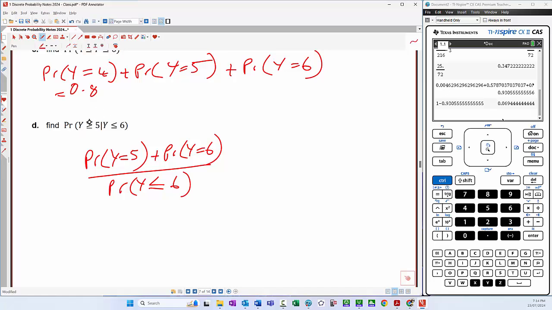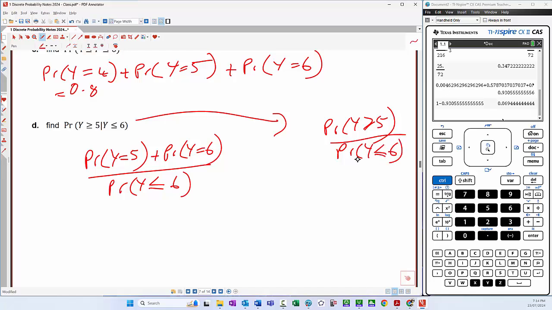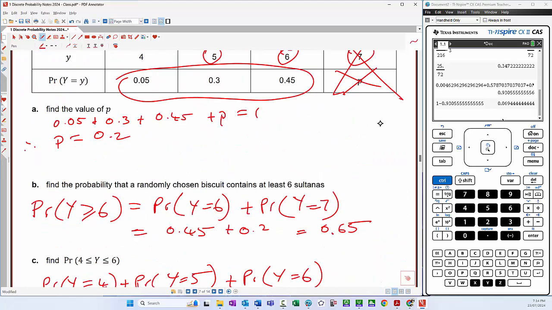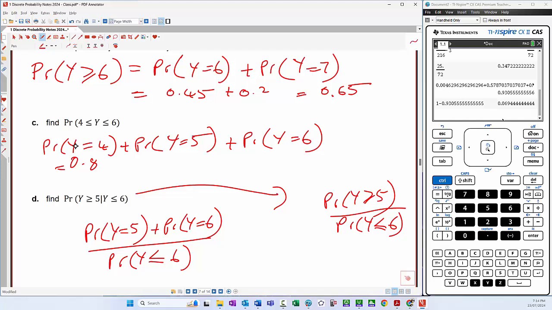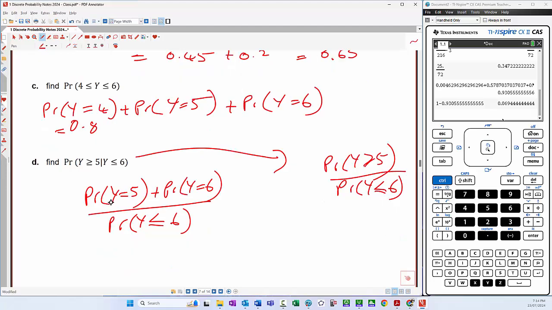Okay, so they always test this, because what a lot of students do with this problem here is they just write probability that y greater than or equal to 5 over the probability that the random variable is less than 6. And then they just get y greater than 5 or greater than or equal to 5. So you just got to think about what this condition has in terms of its ramifications on this one here.